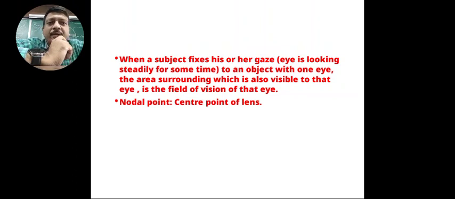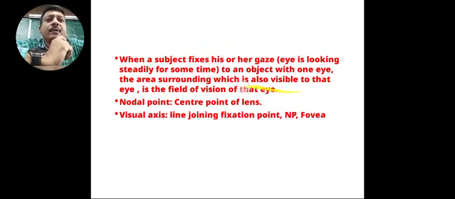What is the nodal point? The nodal point is the center point of the lens. The center point of the eye lens is known as the nodal point. Visual axis is the line joining the fixation point, nodal point and fovea centralis inside the macula lutea.